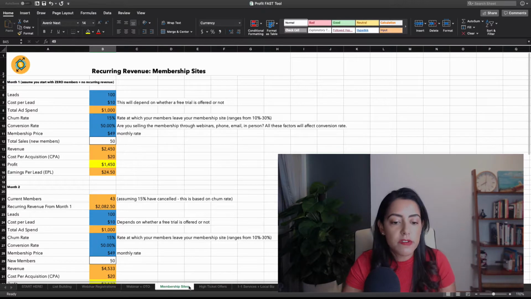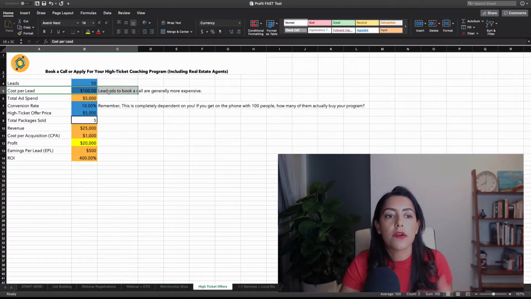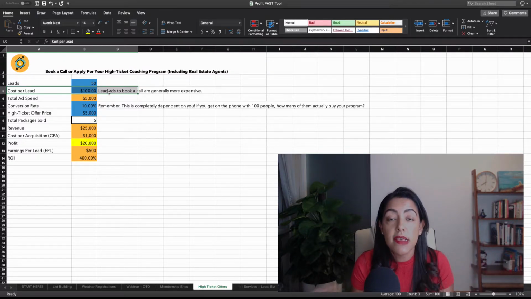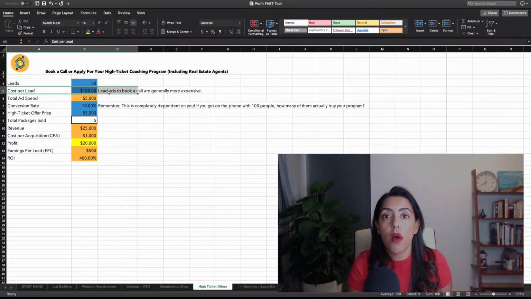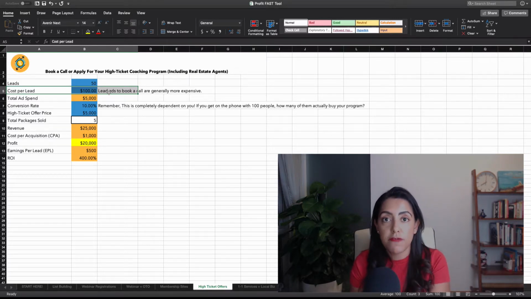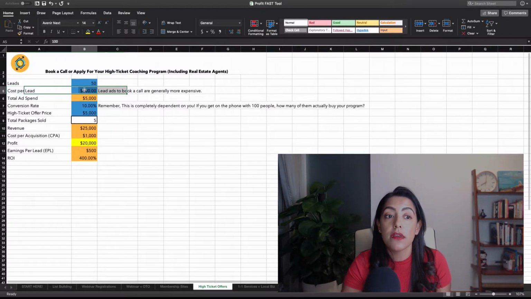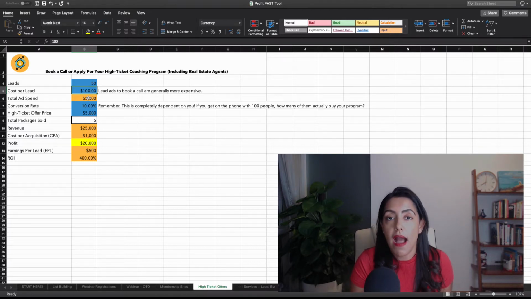So I have a ton of different scenarios here. I have membership sites, high ticket offers. You'll see the cost per lead fluctuates depending upon what your sales vehicle is. So if you are selling over the phone and you want to run ads straight to a phone call so that you book a high ticket coaching package, then obviously that cost per lead is going to be a lot higher, but then the reward is also going to be higher because you're selling something a lot more expensive.